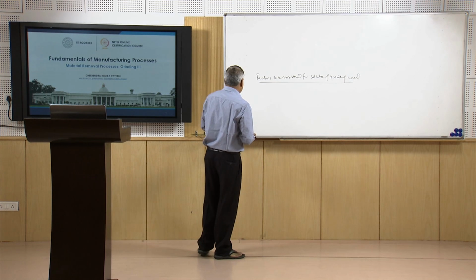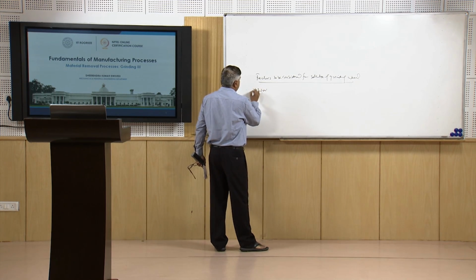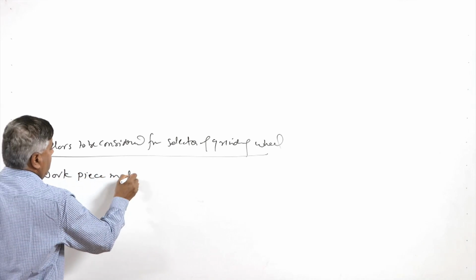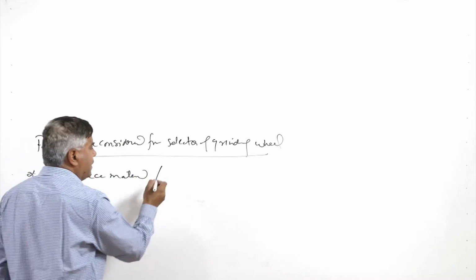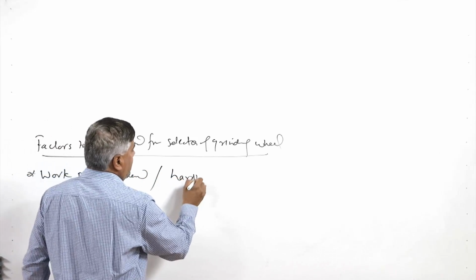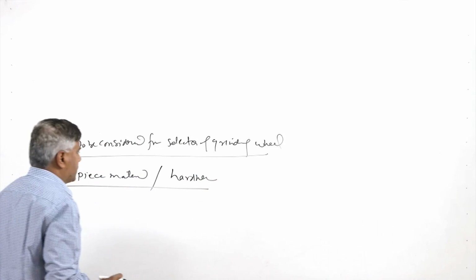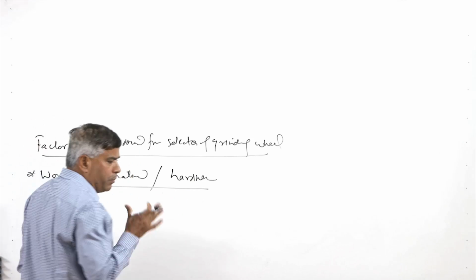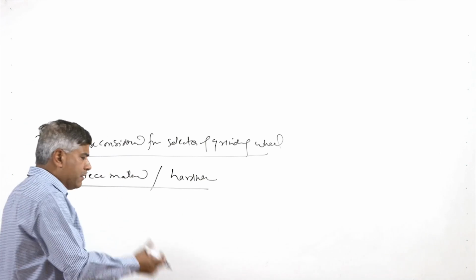Like the first one is the workpiece material which is to be processed by the grinding, or rather the hardness of the workpiece material which is to be processed. With regard to this one, the material of the workpiece may be soft, it may be hard, or of different categories.